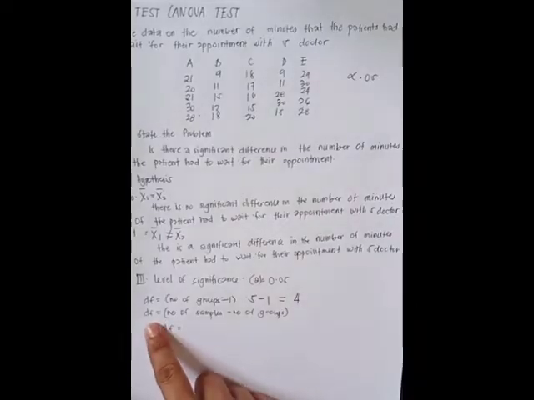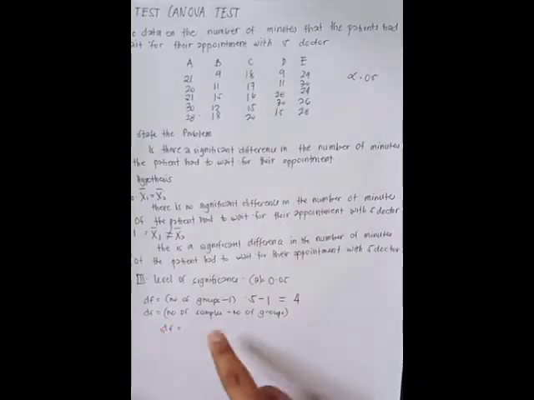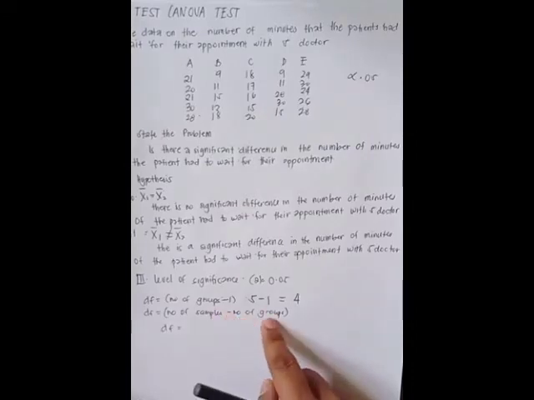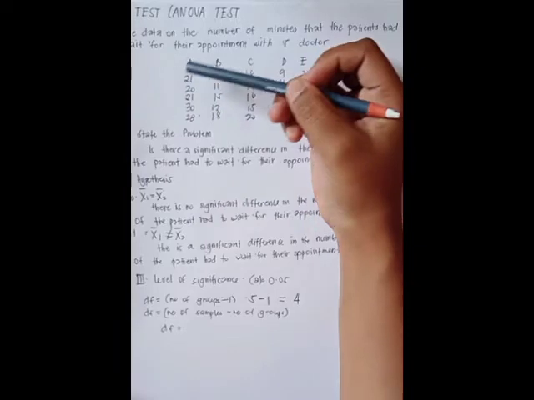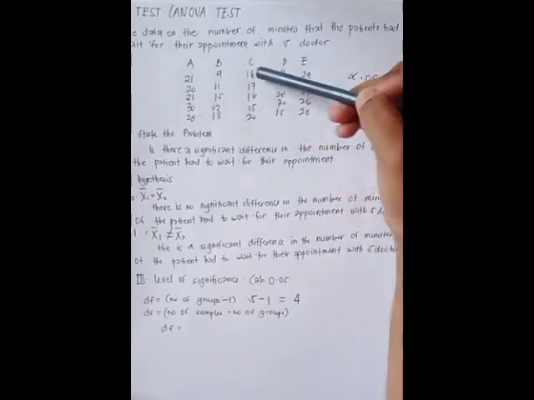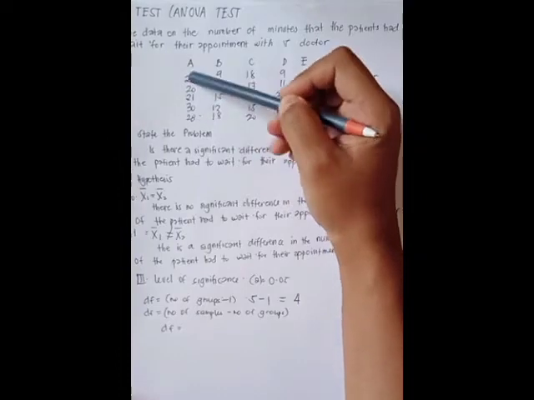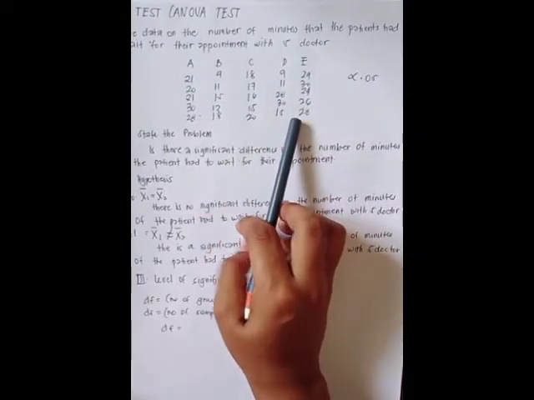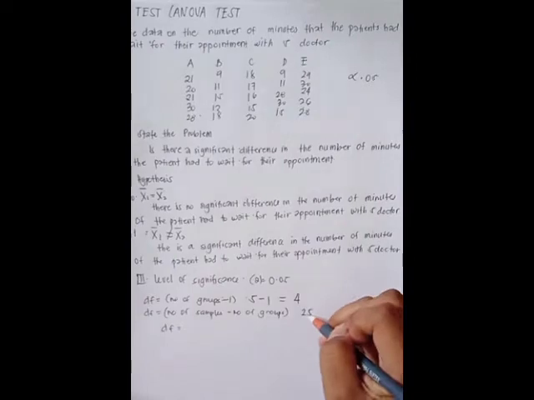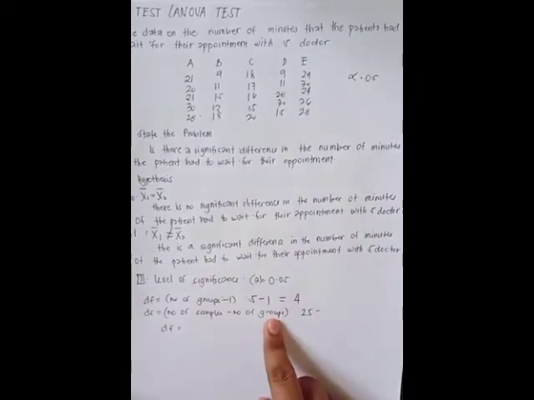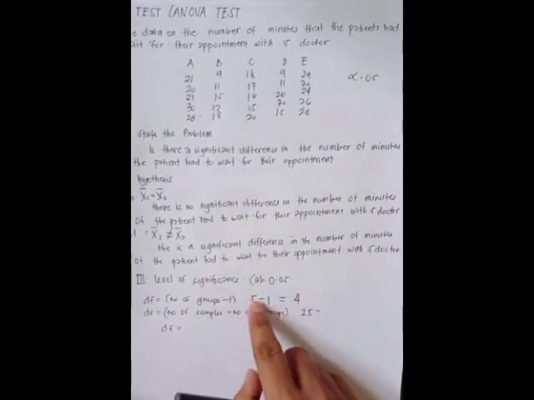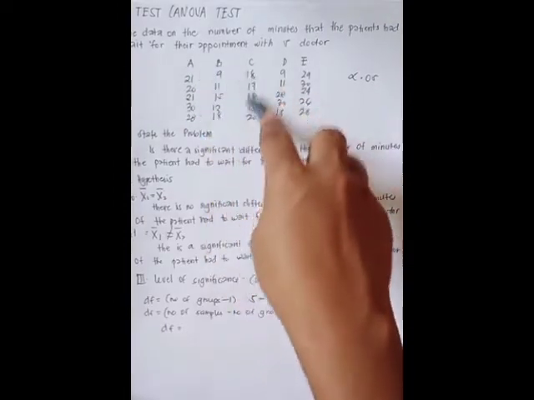So for the other degree of freedom, we need our number of samples, subtract the number of groups. So we have here the number of samples: 5 plus 5 plus 5 plus 5 plus 5. In each group, we have 5 samples, so 5 times 5 is 25. Subtract the number of groups, which is 5: 1, 2, 3, 4, 5.